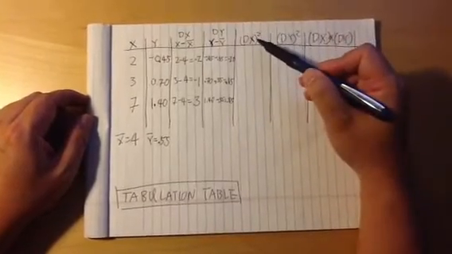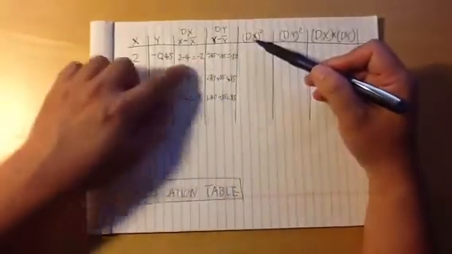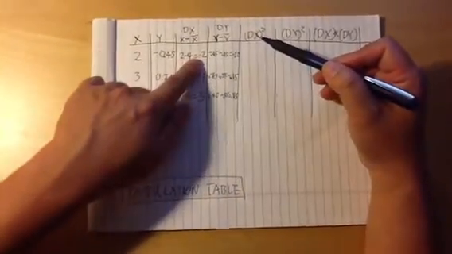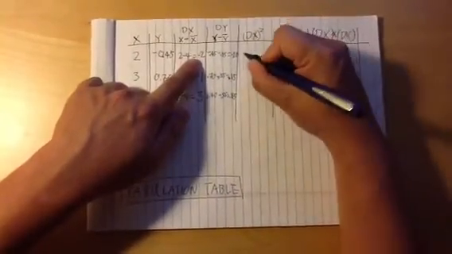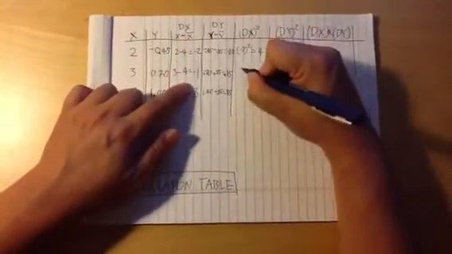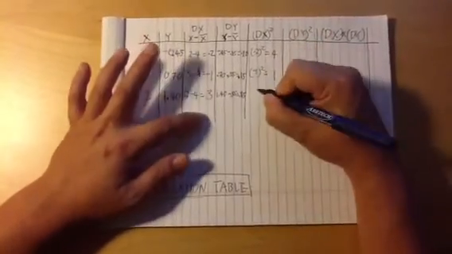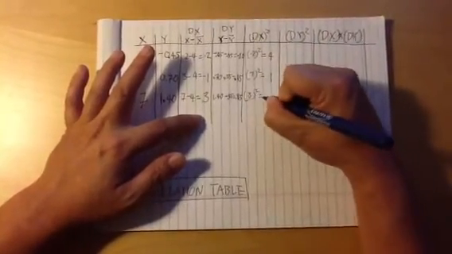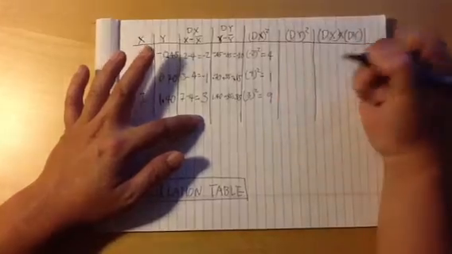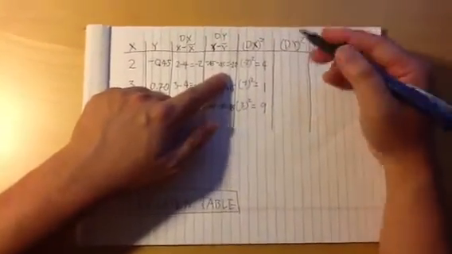So right now what we're going to do is take the deviation squared, okay? So the deviation of the first term squared, minus 2 squared, is equal to 4. Here minus 1 squared is equal to 1. Here 3 squared is equal to 9. Now for the dy squared, look at the deviation y column.